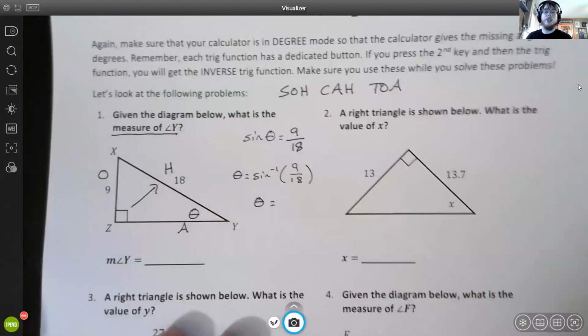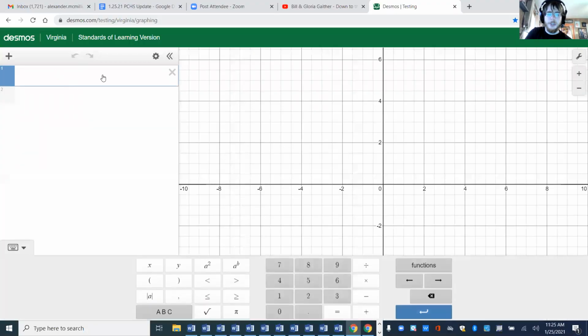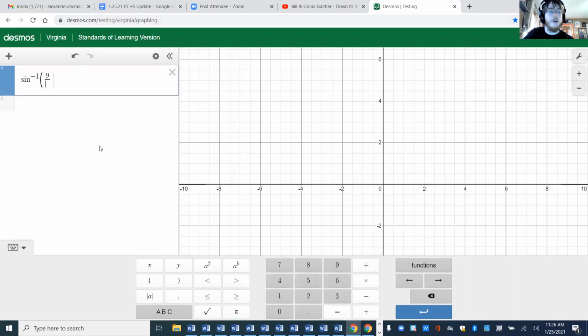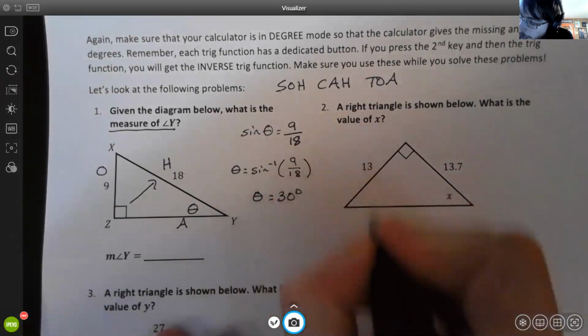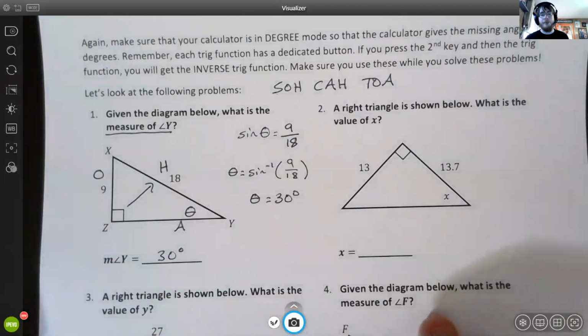So going to Desmos, excuse me, we go to our functions and hit inverse sine, and then we type in 9 over 18, and that gives us 30 degrees. Okay, so for this one, our answer is theta is equal to 30 degrees. So that is the measure of angle Y.